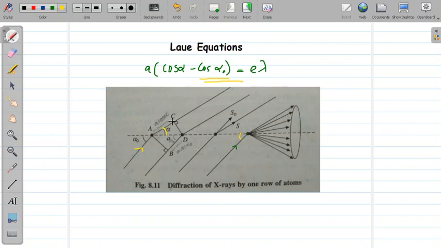This diffracted beam can also be in another plane making the similar angle alpha. So here you can see we have drawn a set of lines representing the diffracted beam, and all these rays are actually making an angle alpha with this row of atoms.